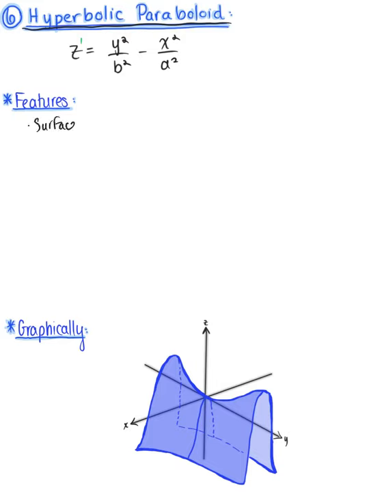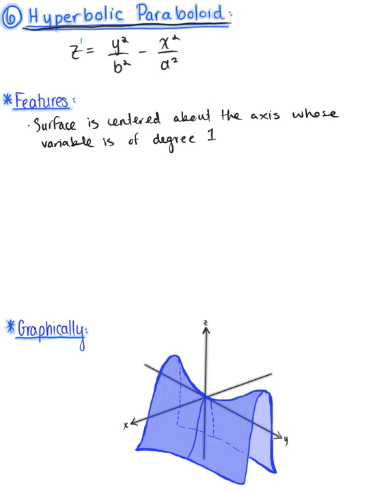So again, for this way to define the hyperbolic paraboloid, here our surface will be centered about the z-axis. But as always, with all of these quadratic surfaces, it can vary between x, y, or z. It's all how we define it, or how it's given to us.